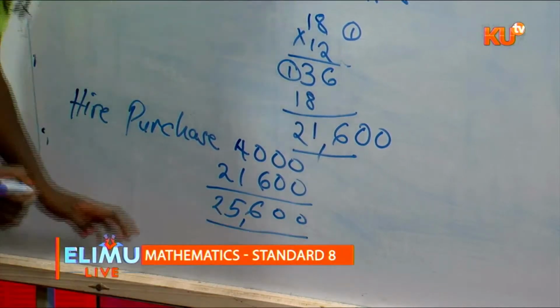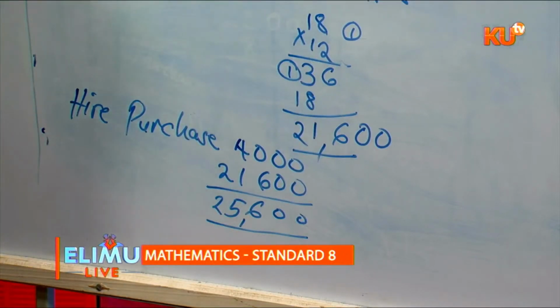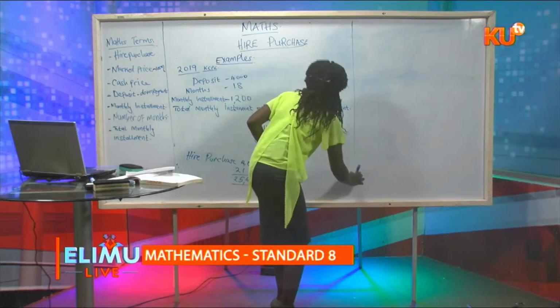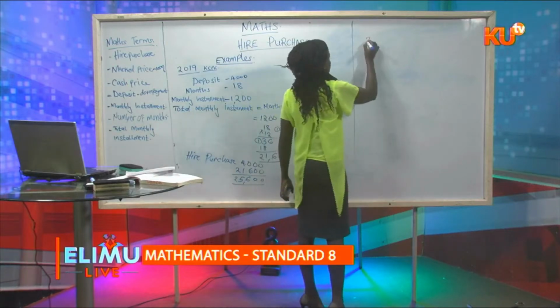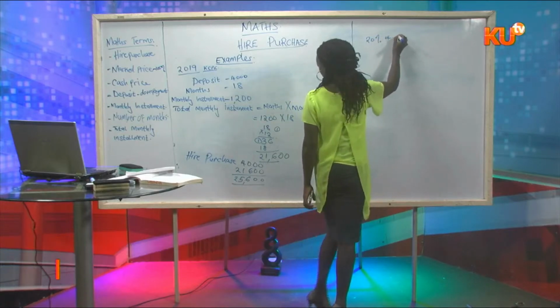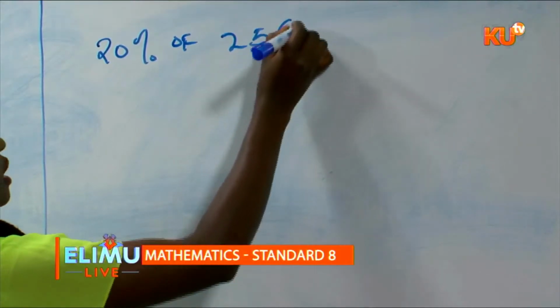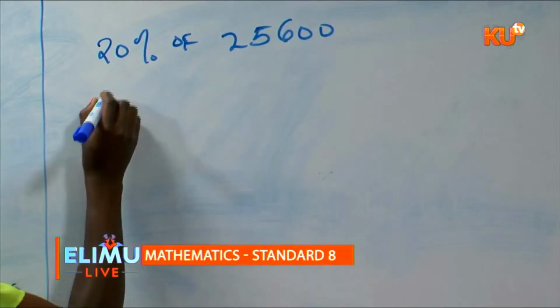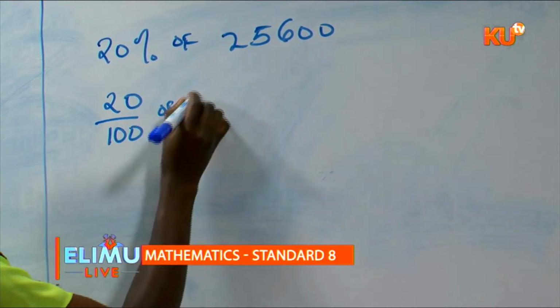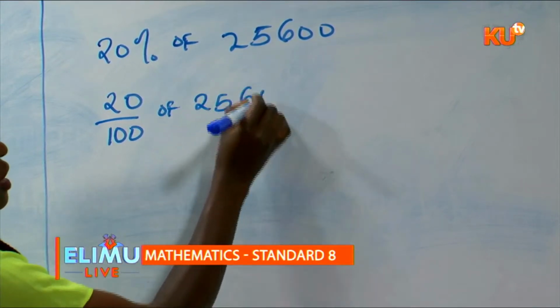We get 25,600. And then he was given 20% discount from the hire purchase. So we get the 20% of 25,600. 20 out of 100 of 25,600.